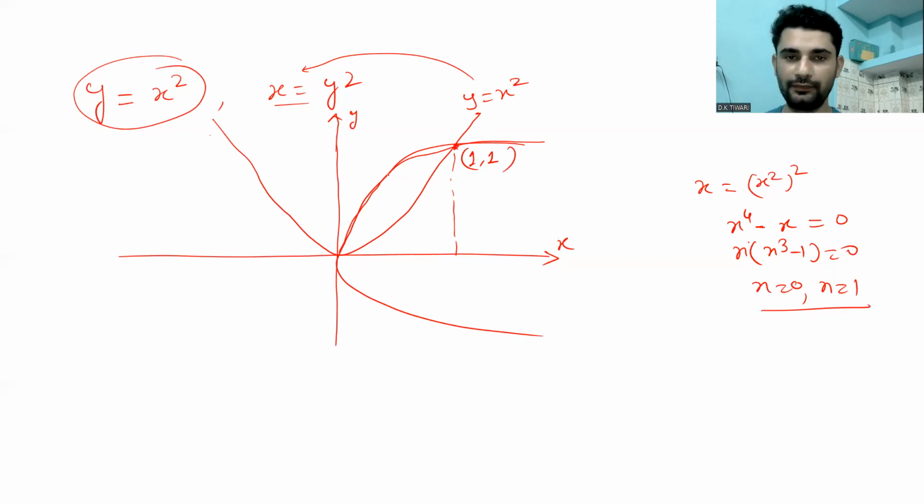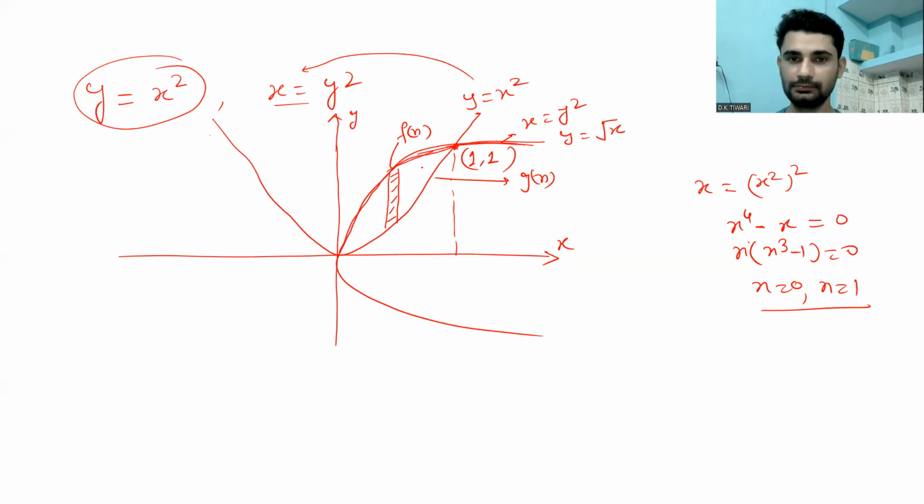In order to find the area, we just make the strip. Say this is f(x) and say this is g(x). So f(x) is which one? This one is f(x). And what is this? This is x equal to y square, so the value of y is root x.